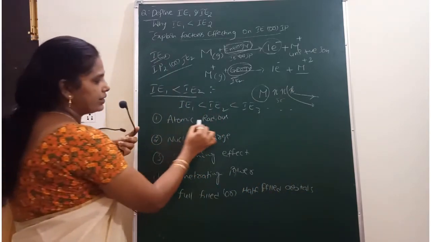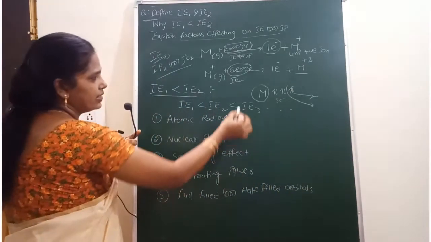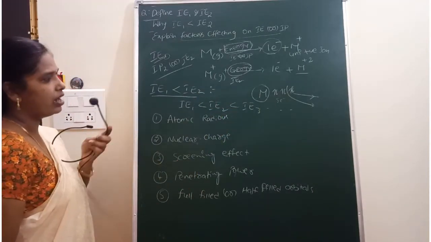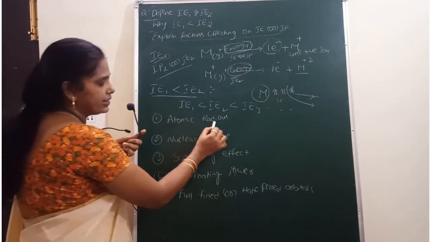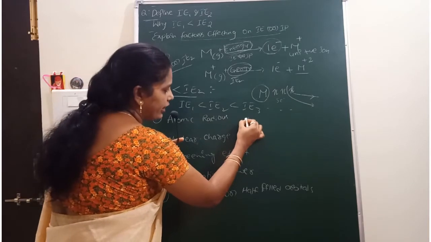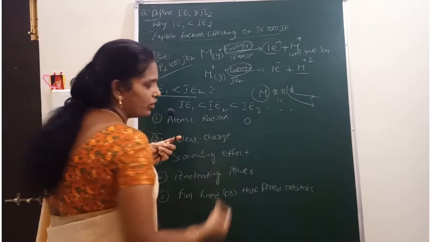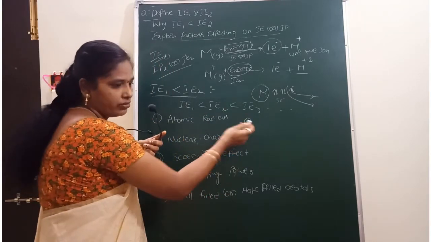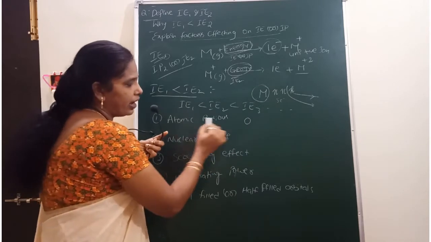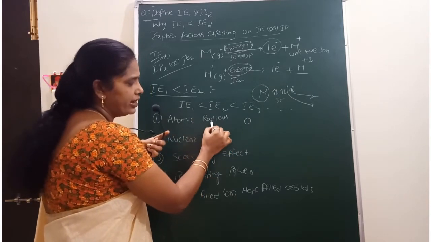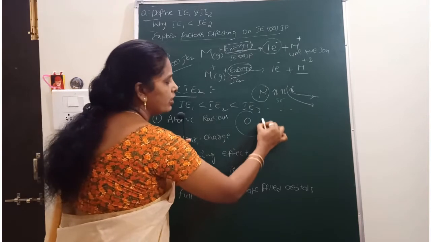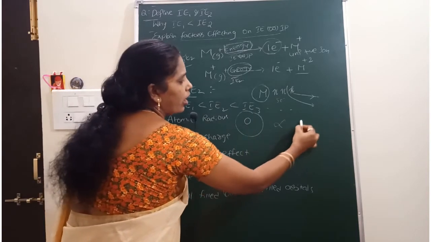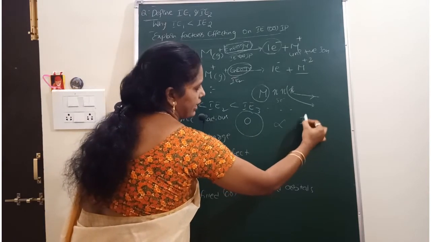First one, atomic radius. If the atomic radius is small, nuclear attraction is great. If the atomic radius is large, then IP will be less.